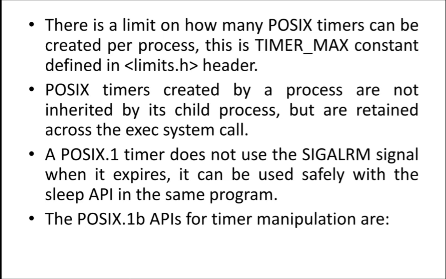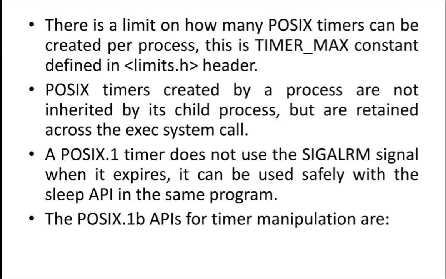That value is defined in a constant, TIMER_MAX. If you see that constant, it will tell how many timers can be created in POSIX.1b timers. And this TIMER_MAX constant is defined in the header file limits.h, right?